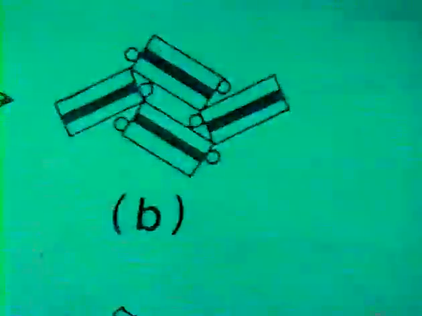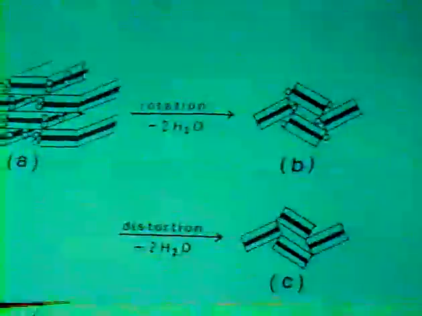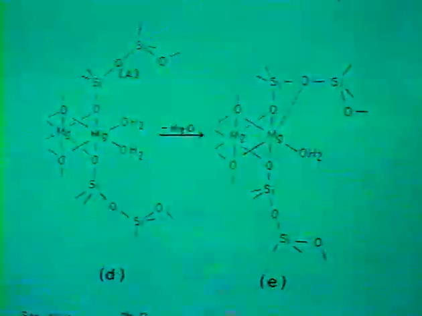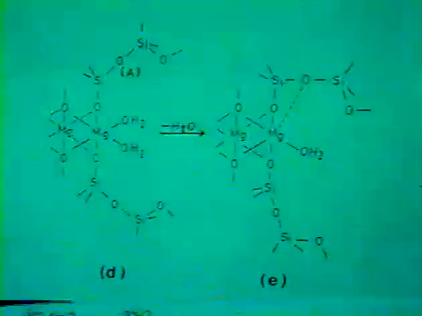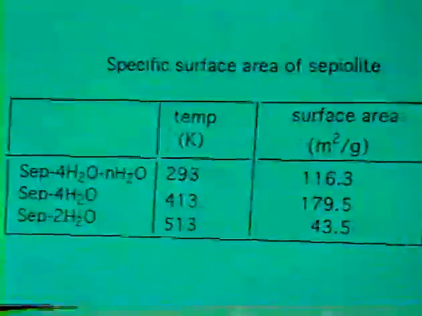The crystal structure is not changed. However, tetrahydrate is transformed to dihydrate by two water molecules being dehydrated by heating at 530 Kelvin. The crystal structure is changed and the tunnel is folded.